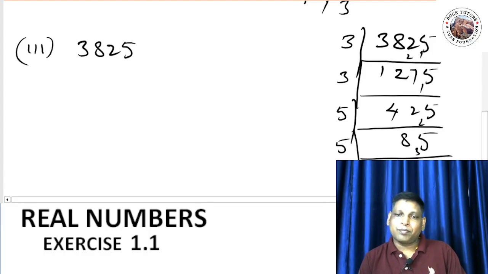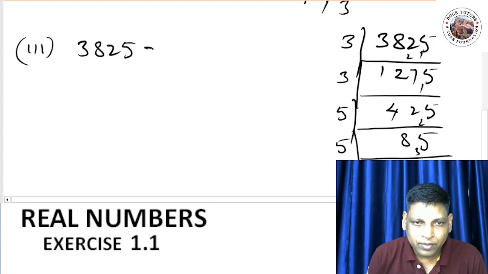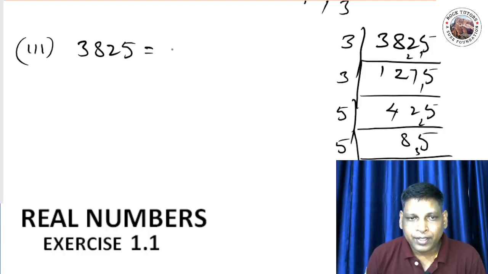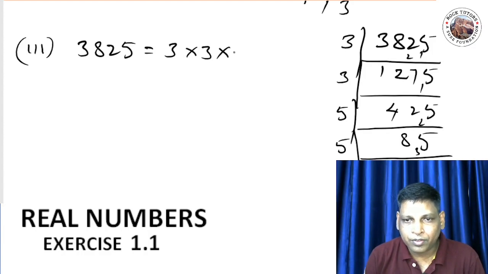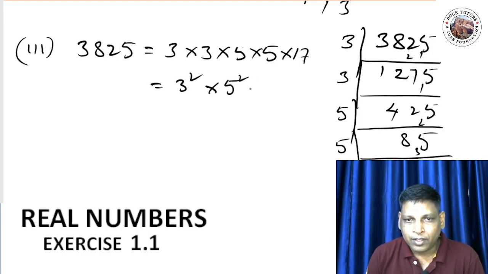Now 17 is a prime number, no need to do further. So now here 3 into 3 into 5 into 5 into 17. That is 3 square into 5 square into 17.